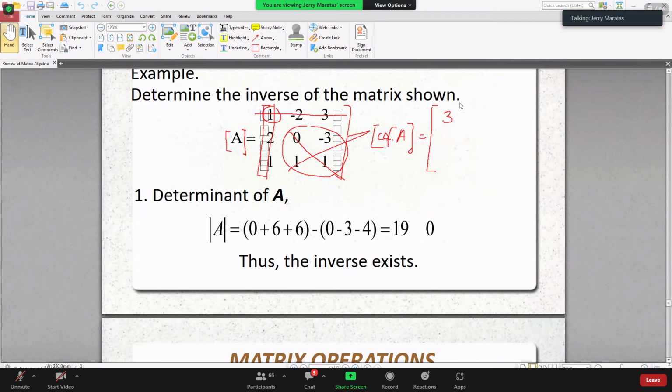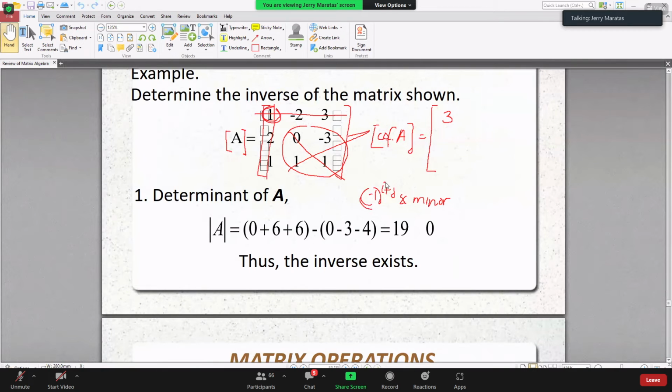Ang iyang first row, first column. Ang imong cofactor is -1 raised to the power i plus j times the minor, no? Okay? Actually, ang atong nakuha karon is ang minor pa ni aning element.